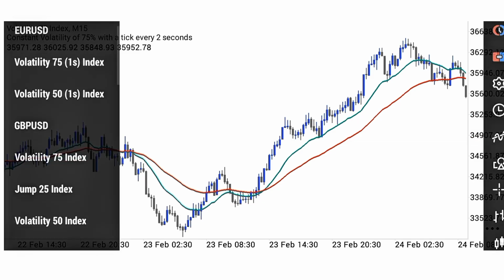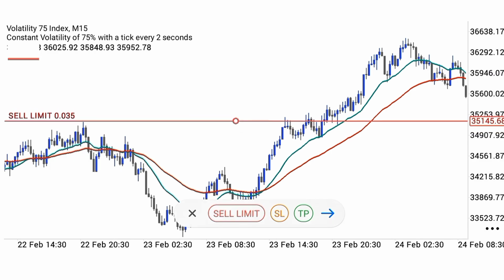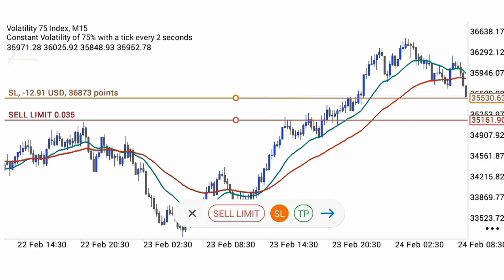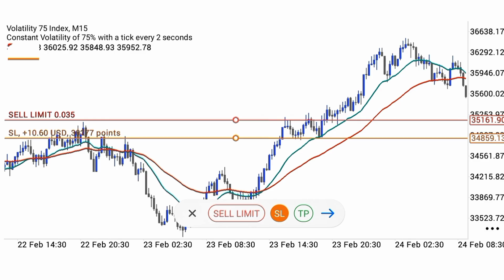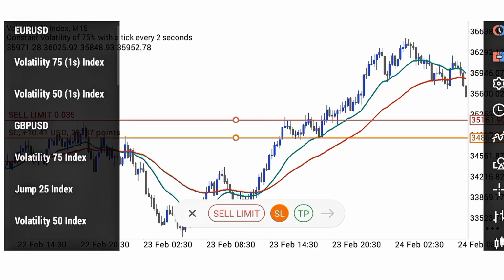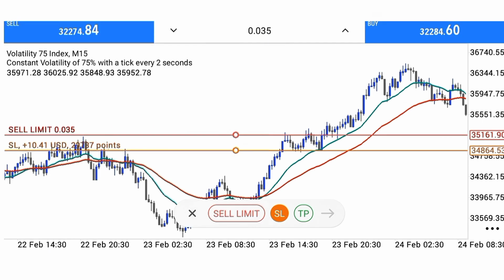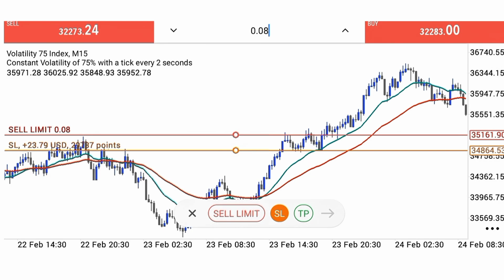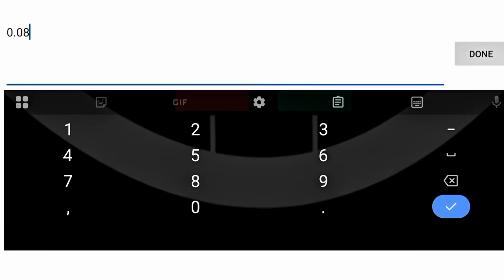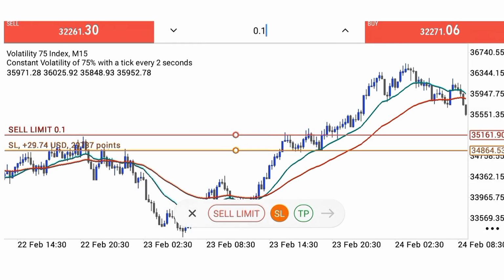But if you don't want to risk $10 for this trade, you can risk more or less. Okay, let's say I want to risk $50 for this trade. So let me increase my lot size and see what lot size I need to get to $50 risk.